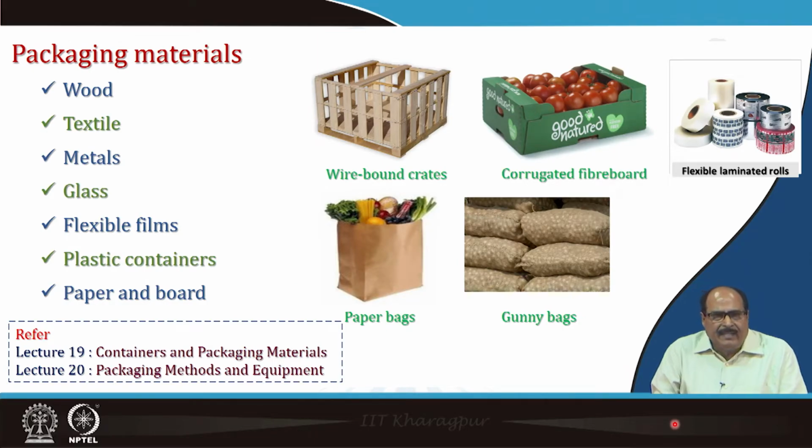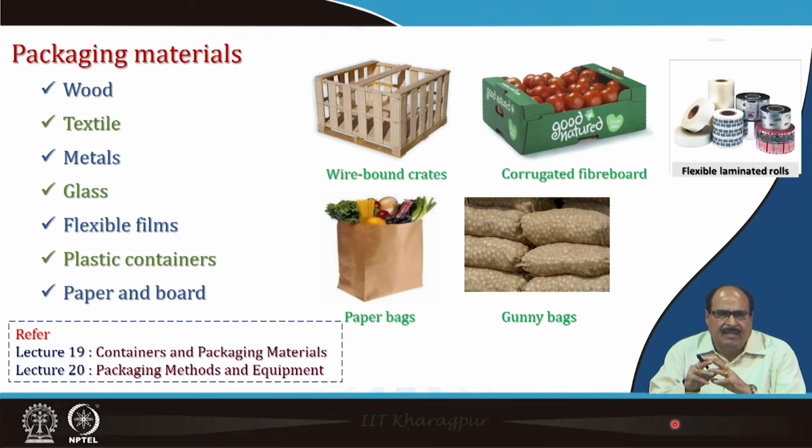Various types of packaging materials like wood, textile, metal, glass, flexible films, plastic containers, paper and board etc. are used for making different types of either shipping containers or household or retail containers.